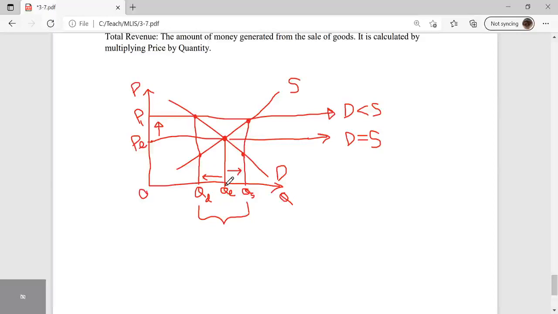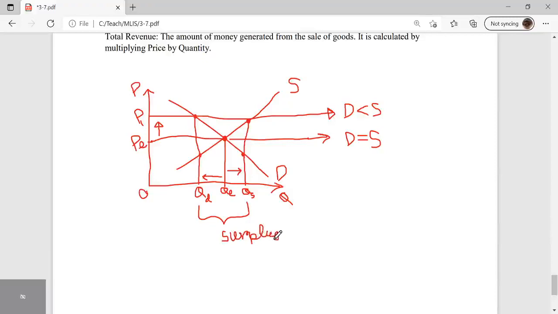So again it will create a disequilibrium, and this time this will cause a surplus of goods or unsold goods in the market. The customers are not willing to buy, but the suppliers are willing to sell more.